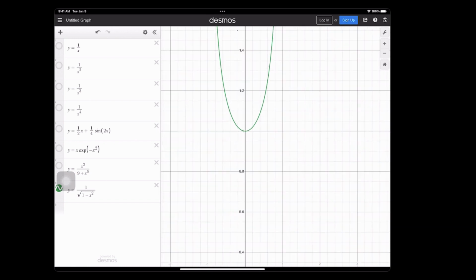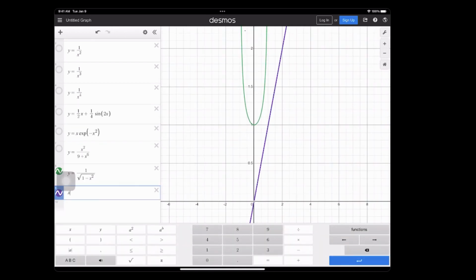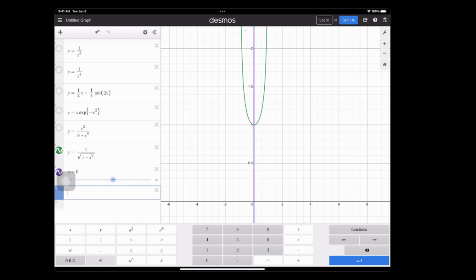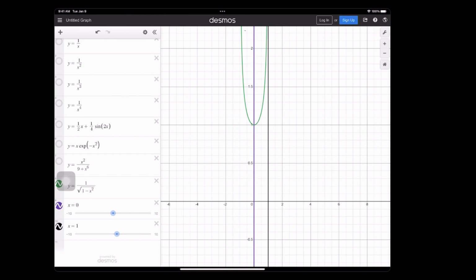See this curve? This is the curve, by the way. Let's say x equals 0, x equals 1. And I like coloring these here red.